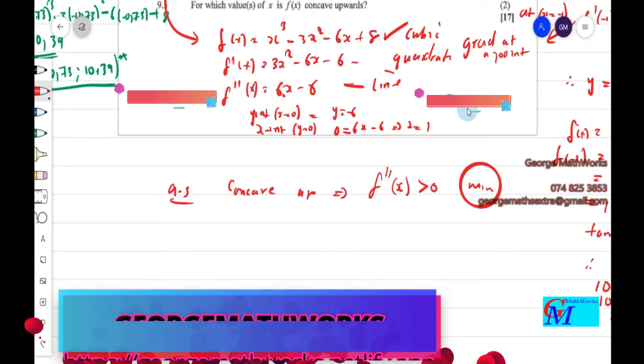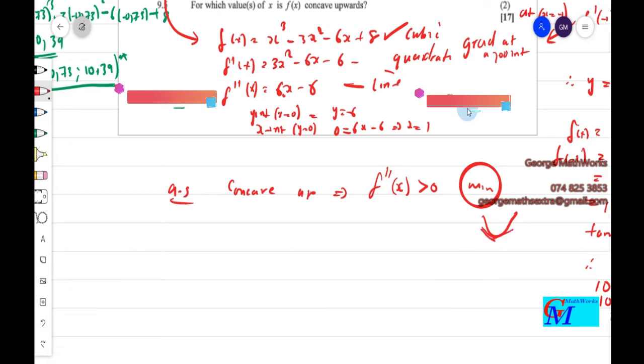Remember, the second derivative should be greater than 0 because this one gives us a minimum. If we are to discuss turning points, this one gives us a minimum turning point. So for concave up, we are looking at the part where the tangents are under the graph, below the function.